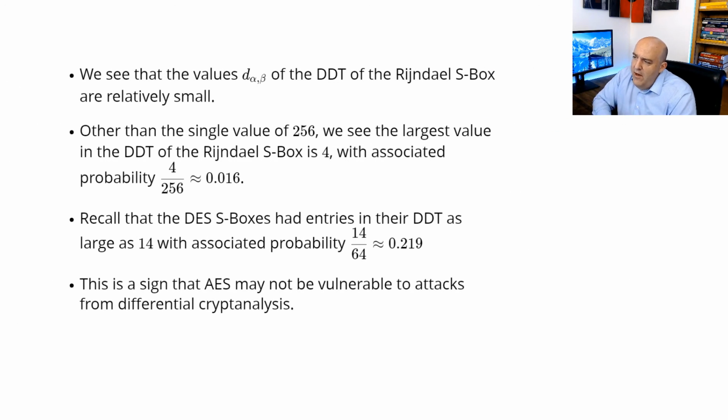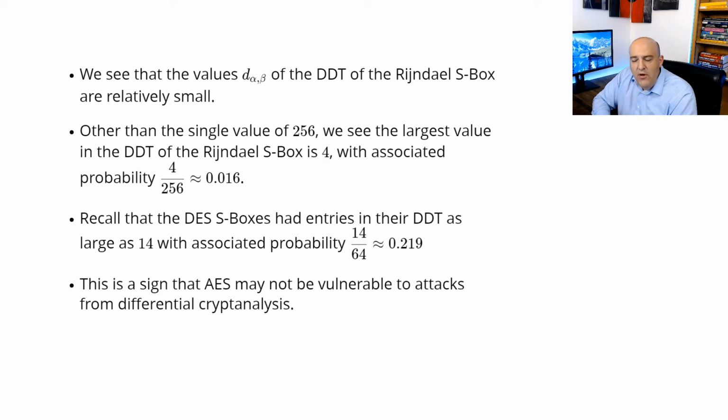We see that the values d alpha beta of the Rijndael S-Box are actually very small. Other than that one in the upper left corner, 256, all the entries of the Rijndael S-Box are either 0, 2, or 4. And if we take the largest one, which is 4, the associated probability is 4 over 2 to the 8, which is 4 over 256, which is around 0.016.